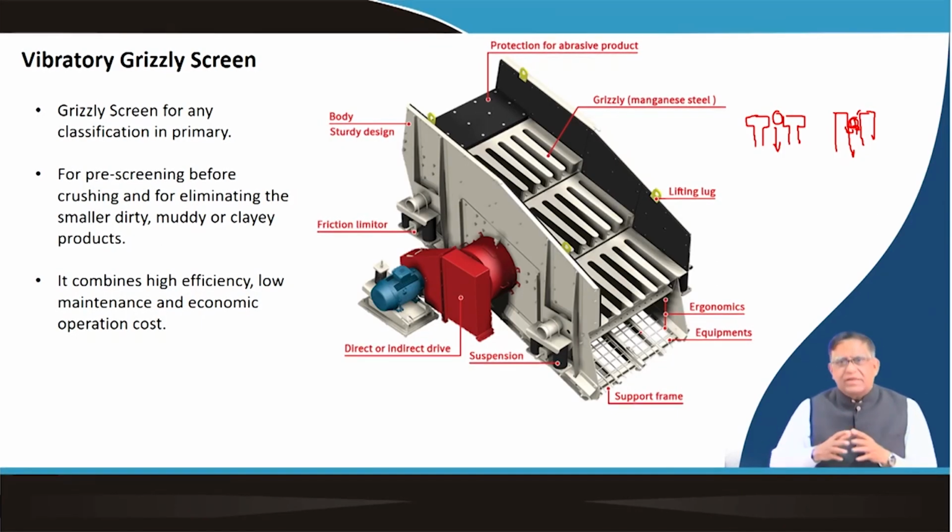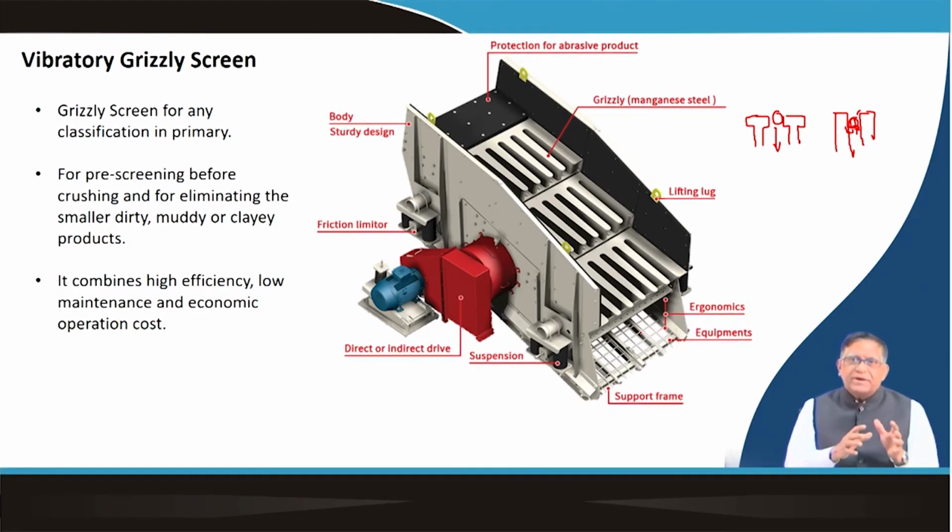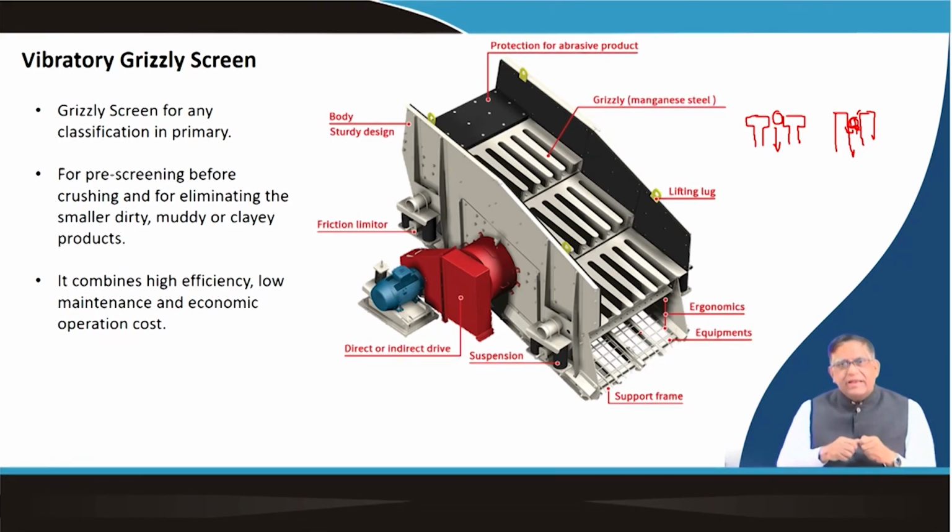While selecting or designing an equipment, you must see whether it will be giving any maintenance problem, that is, you have to open up things or clean it, whether the worker can go over there or how quickly it can be done. So, that is another thing: while selecting you must look into what is called maintainability, and also whether the operator can do it easily, that is called ergonomics.